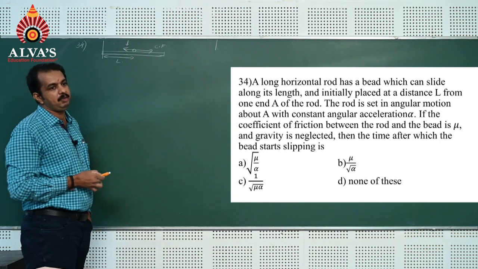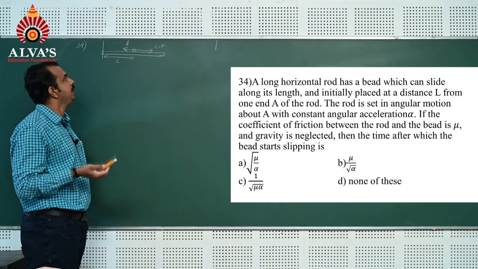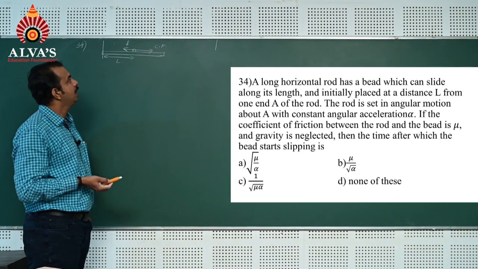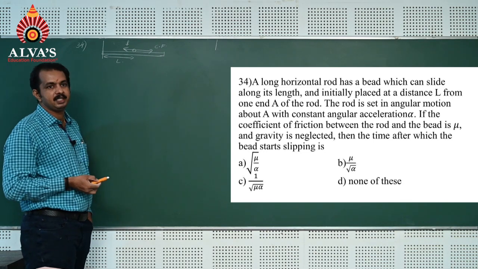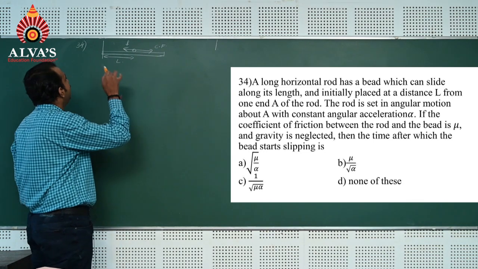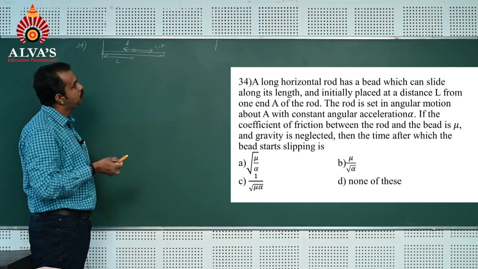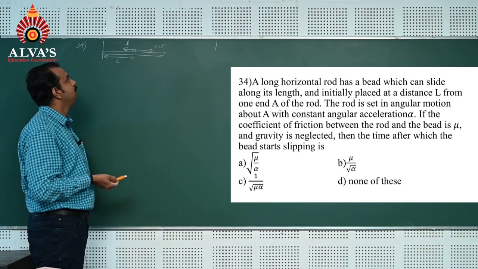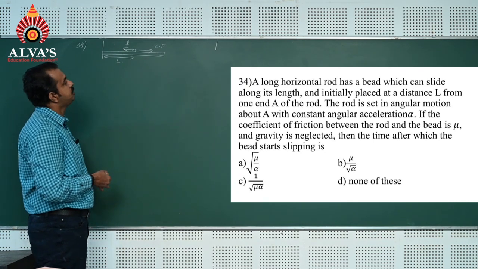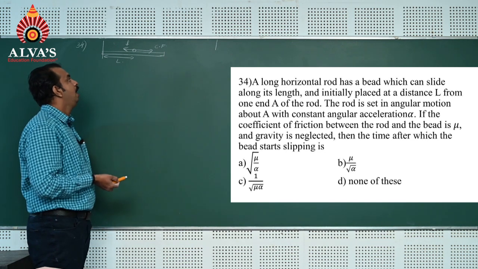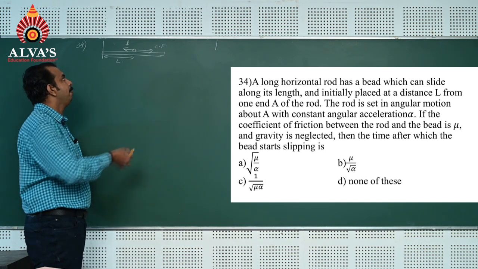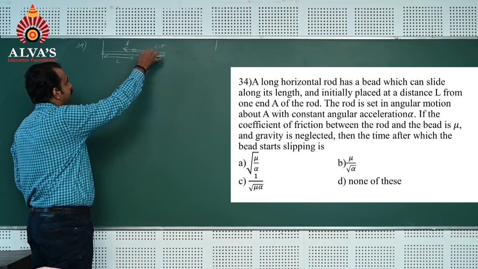As you increase the omega value, centrifugal force increases. You know that frictional force is a self-adjusting force. It adjusts its value to the centrifugal force value. At a certain instant when angular velocity is maximum, this balances this.